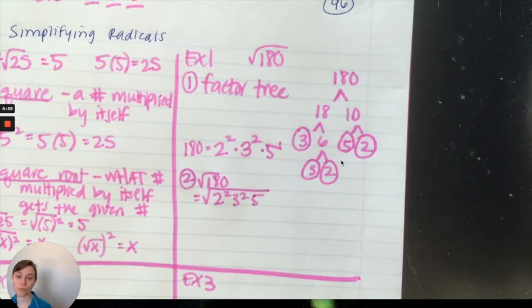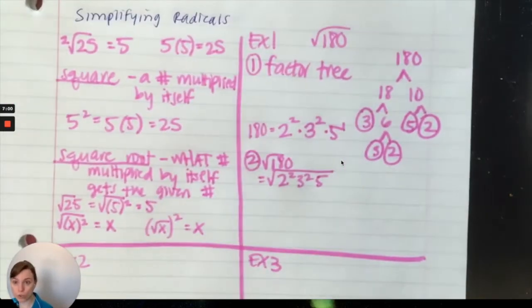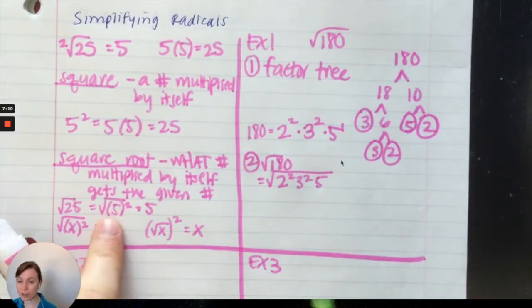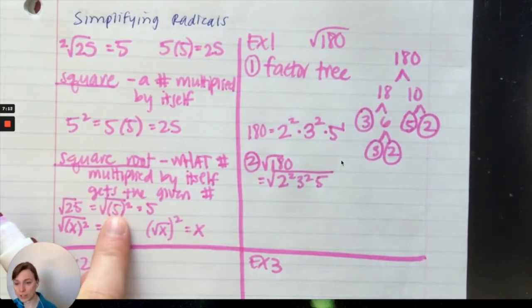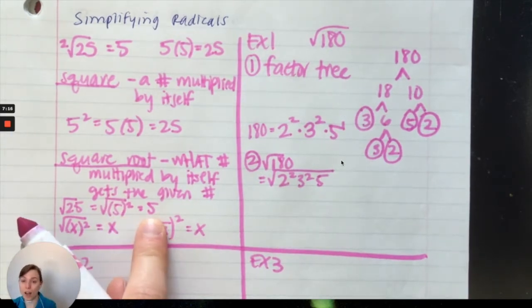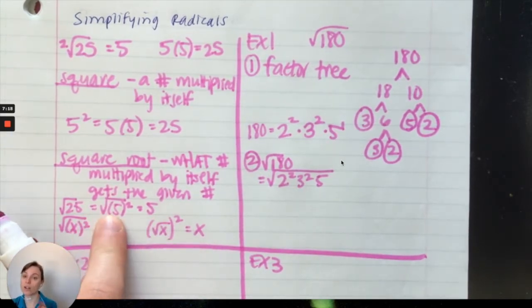5 to the first. Now, square roots are 2 numbers that multiply by themselves. So that's 1 number multiplied by itself, so it makes 2 versions of that 1 number. That is a square root. So because there are 2 of the same number being multiplied, I can pull them out and it just ends up with 1, because the square root of 5 squared is 5.